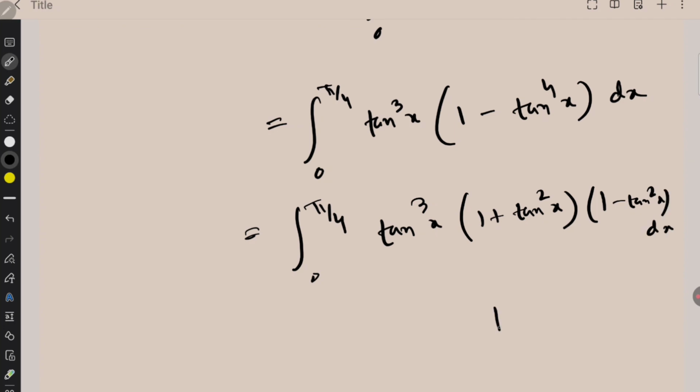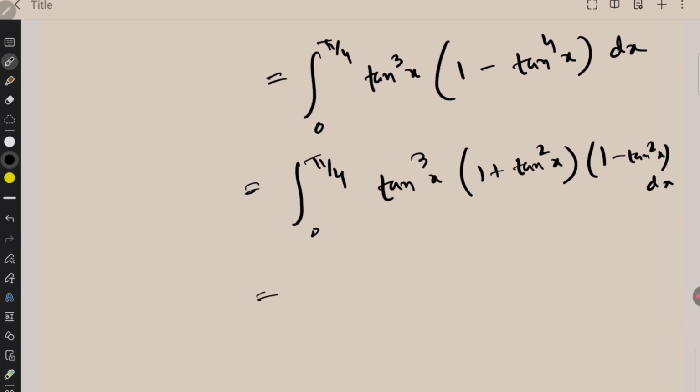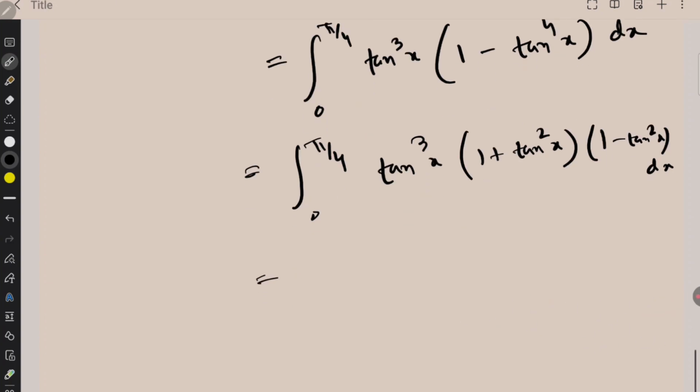So 1 minus a to the power 4 is (1 minus a squared)(1 plus a squared). I'm just using that formula. All right, again, this is looking similar to the prior calculation of I1.